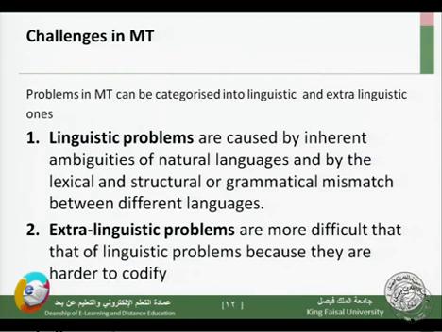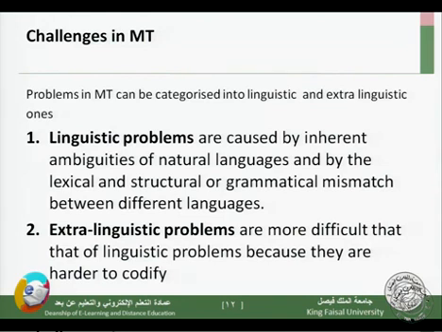Linguistic problems, which are caused by inherent ambiguities of natural languages. That's what I'm saying. A natural language has its own linguistic ambiguities, especially in lexical, structural, and grammatical aspects of the language.